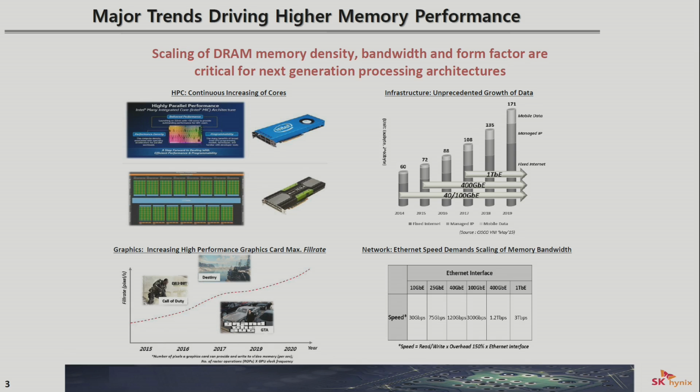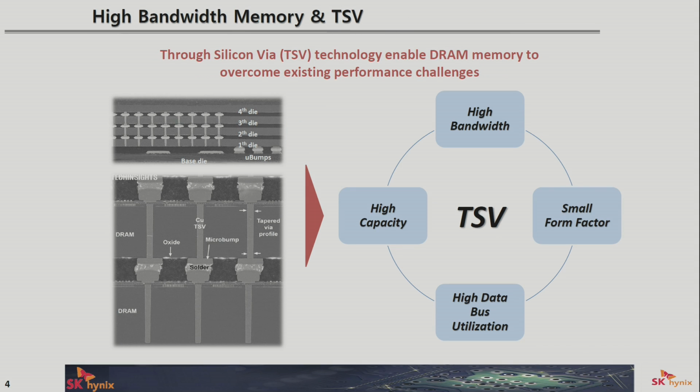And so from a DRAM vendor perspective, we feel that memories that are based on TSV, the through-silicon via technologies, can deliver the next level of system performance. Essentially, TSV is an interconnect technology that allows die to be stacked vertically.